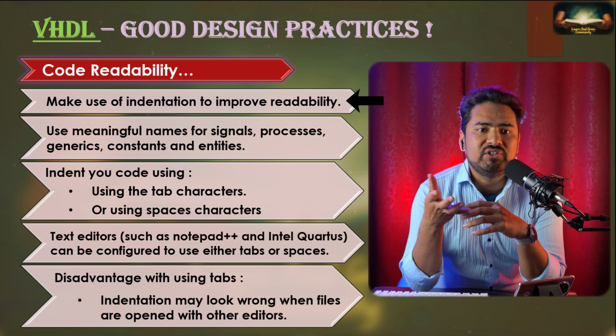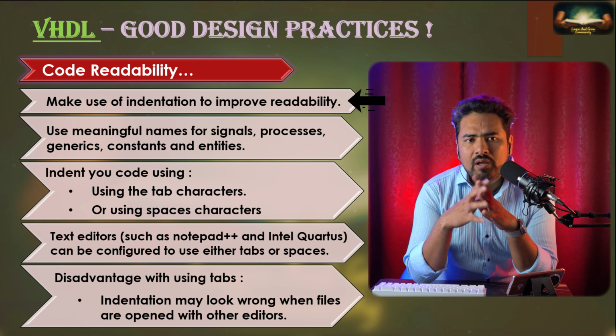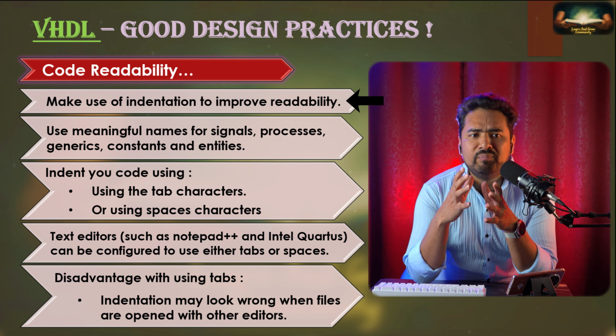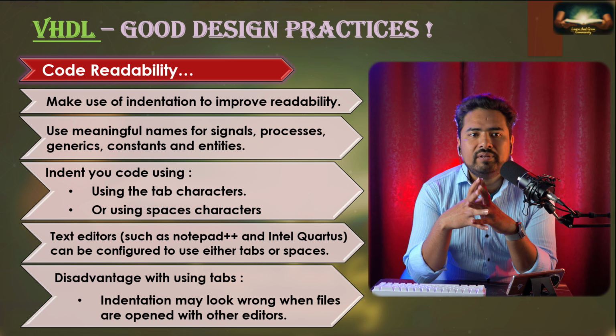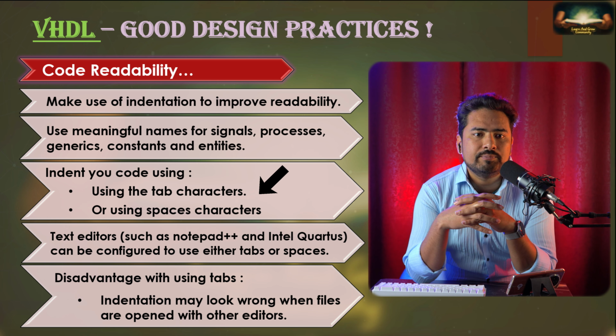Next thing is indentation. This is again important for code readability. We will understand it in more detail in the next slide, but a quick brief: indentation is applied either with tabs or spaces.